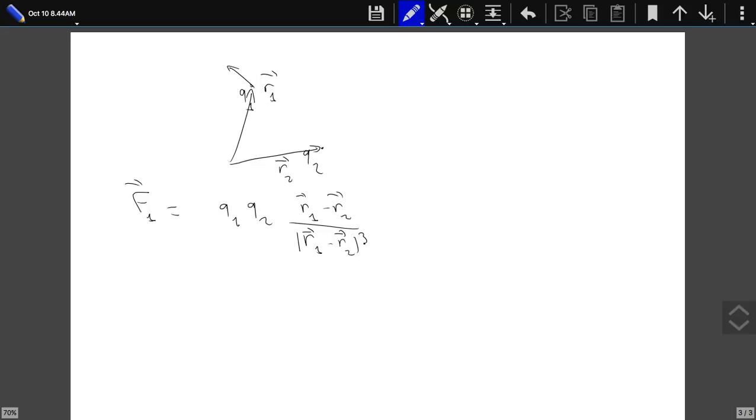Now, rather than the force, we usually define a quantity that we call the electric field. Because one thing that we don't like about this expression is that it looks as if the charge Q2 is acting on the charge Q1 at a distance without any other influence.